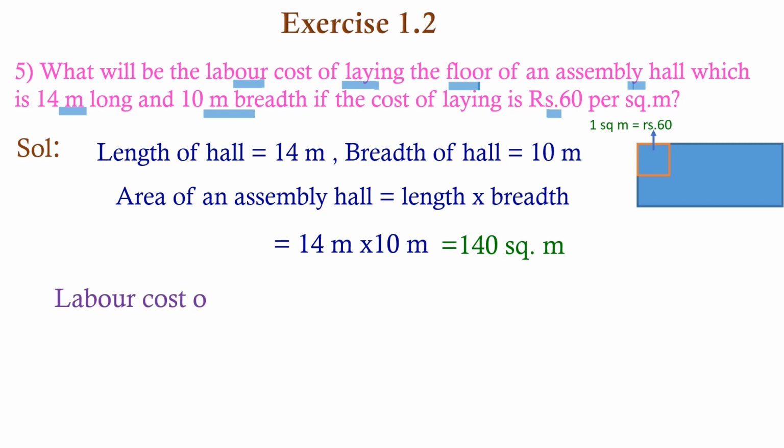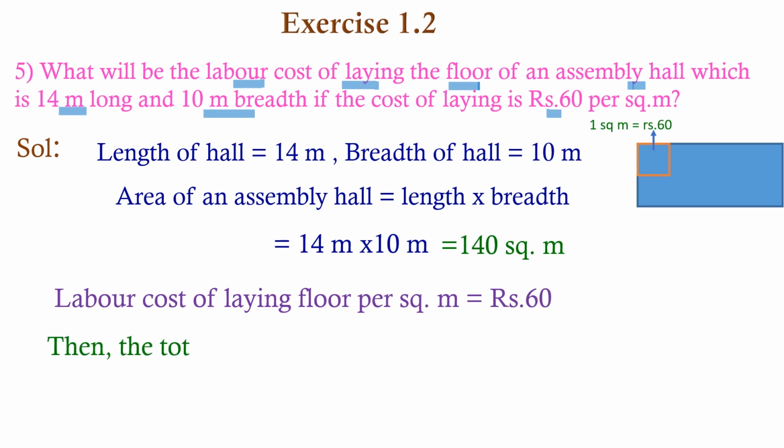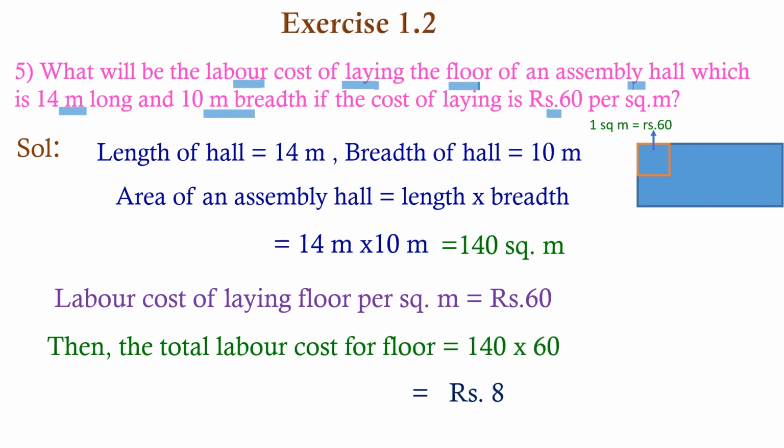Now labor cost of laying floor per square meter equal to 60 rupees. Then the total labor cost for floor equal to 140 into 60 is equal to 8,400 rupees. So the total labor cost to laying a floor in that assembly hall is 8,400 rupees. To find out the labor cost or to find out the cost of any place, first we have to find out the area of that place.